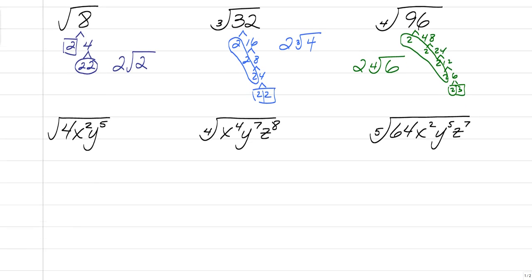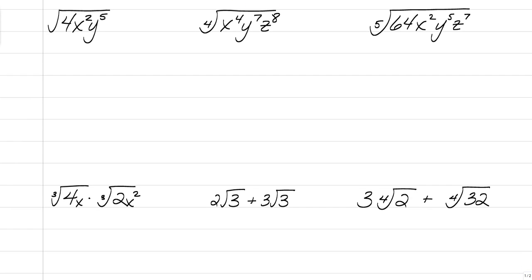So let's make this Algebra 2 trig now and let's start simplifying again. So you're going to have to deal with exponents and variables. No worries. The square root of 4 is still 2. No big deal. However, when you're taking the square root or the cube root, you're dividing.